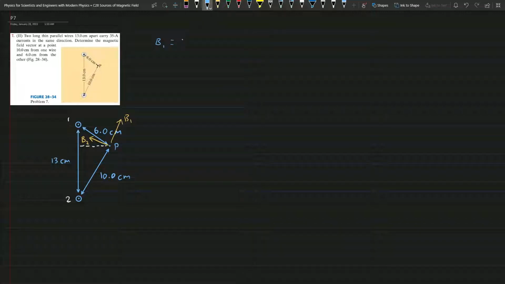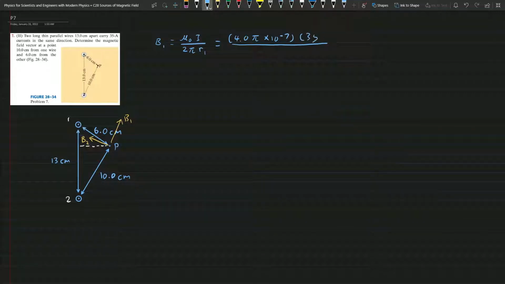So we know B1 will equal mu naught I over 2 pi R1. Now this R1 is the distance between the source and this point P. So we just substitute the values. Current is given.